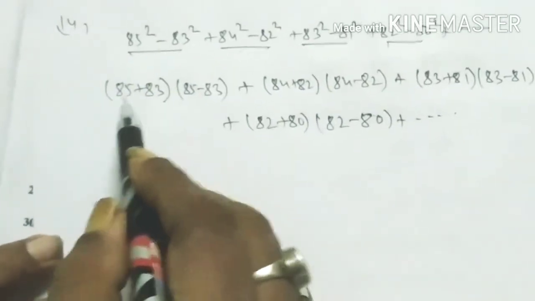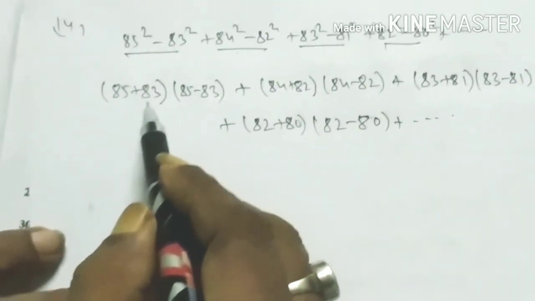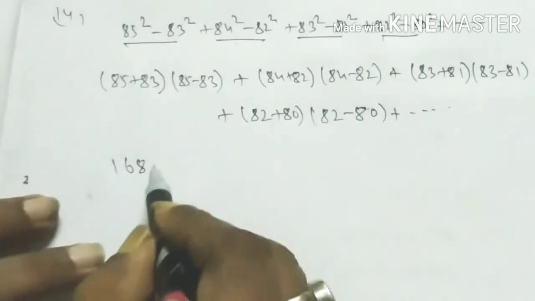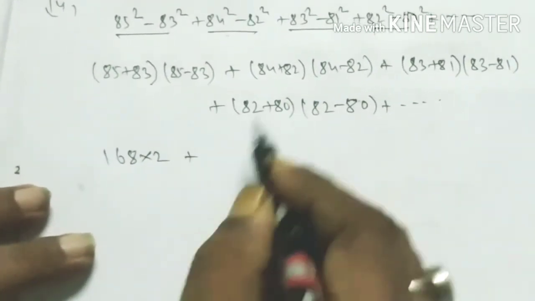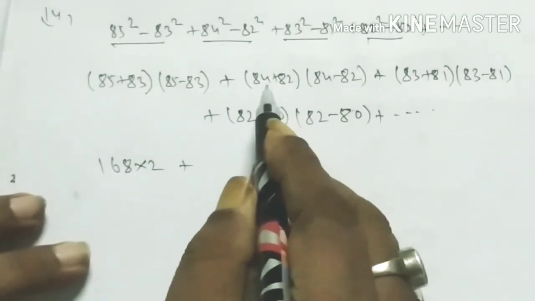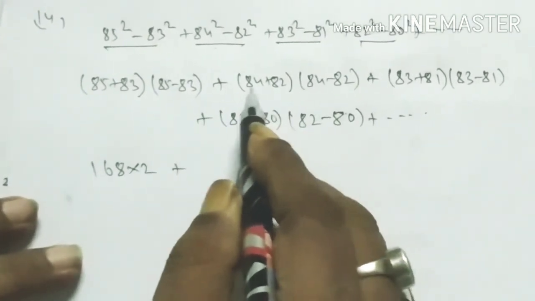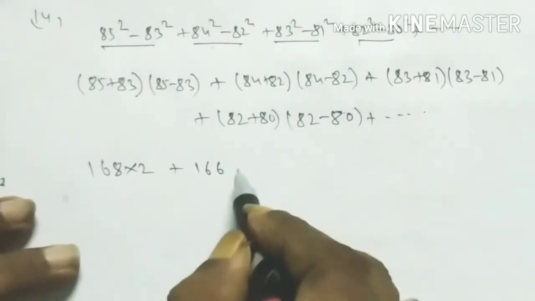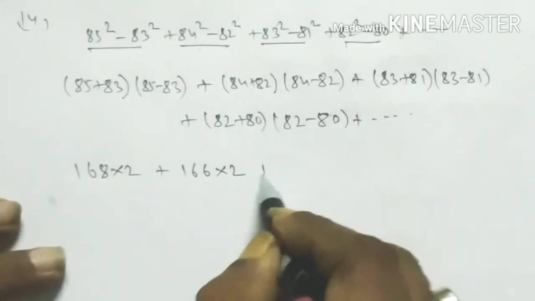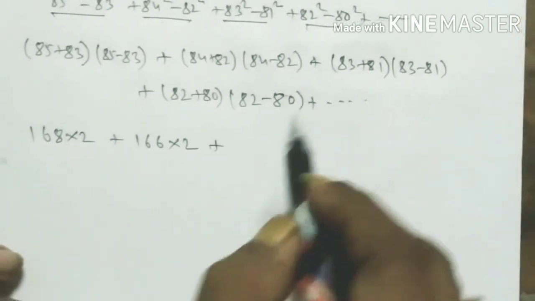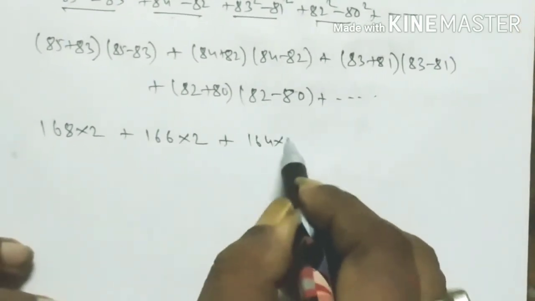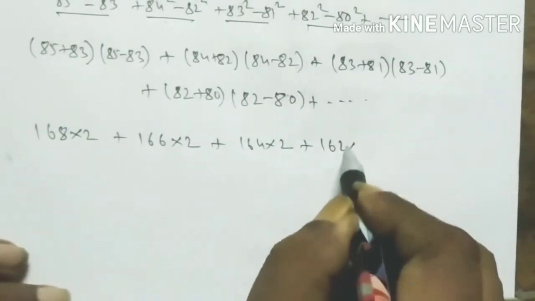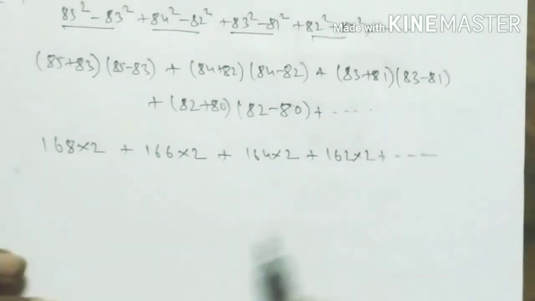This comes out to be 168 into 2, again 166 into 2, 164 into 2, 162 into 2, plus and so on.